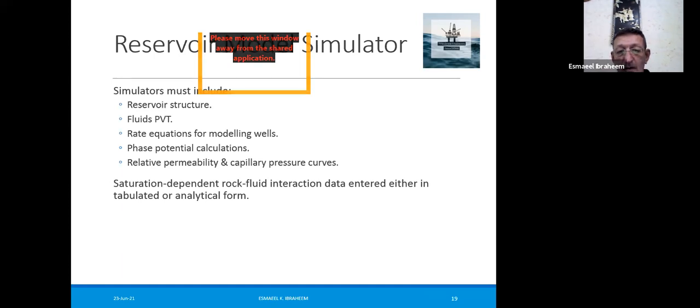The simulator should have all these 5 categories in it, and then you can say this is the best one. Saturation dependent rock fluid interaction data is entered either in tabulated or analytical form.